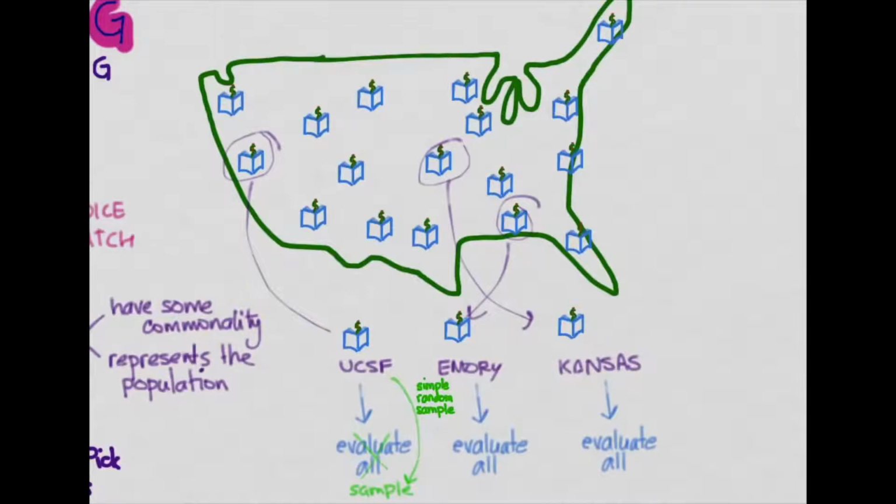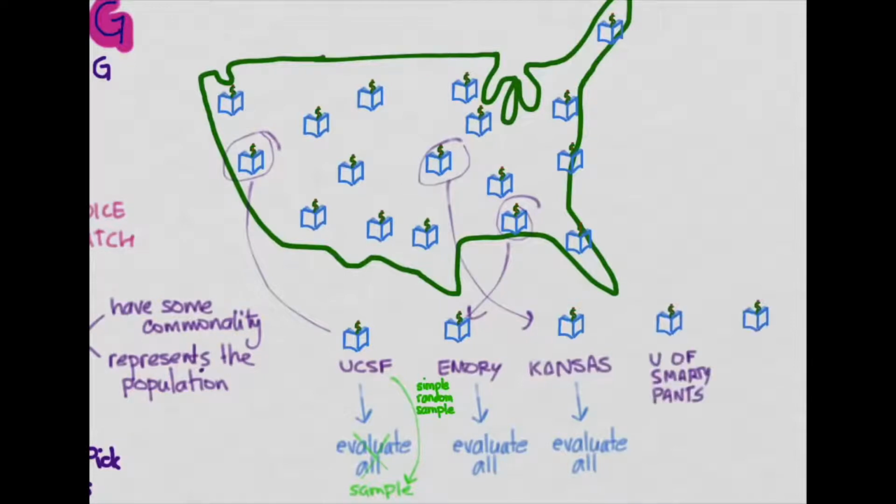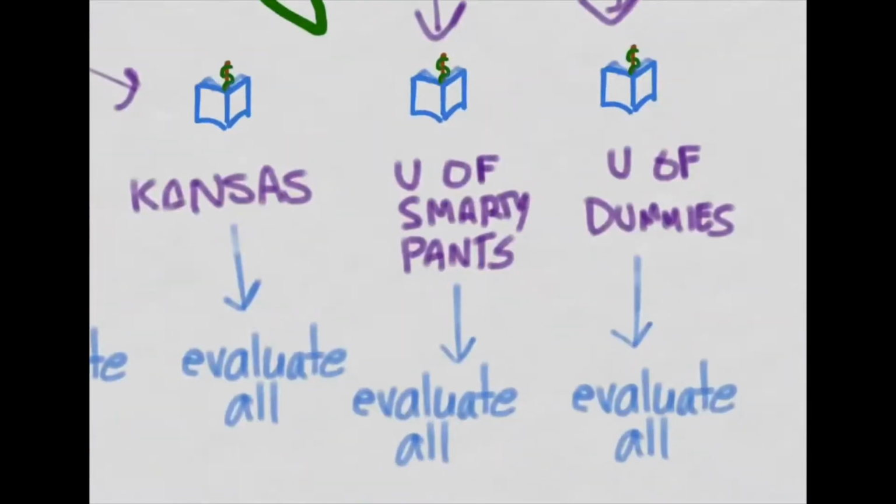So one last point we should make there. Let's take 2 more schools. The first is the University of Smarty Pants, and the second one is the University of Dummies. Now, you could rightfully make the argument that these 2 universities are not representative of the population. The people here are way smarter than the general population, and the people here are not as smart.